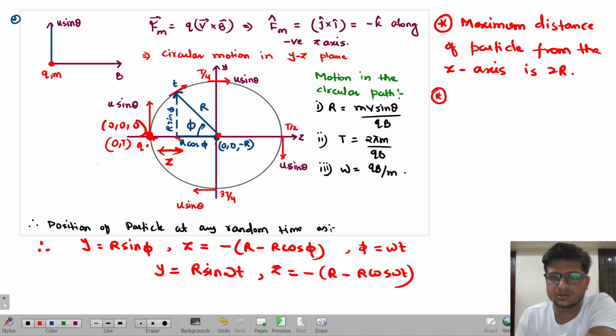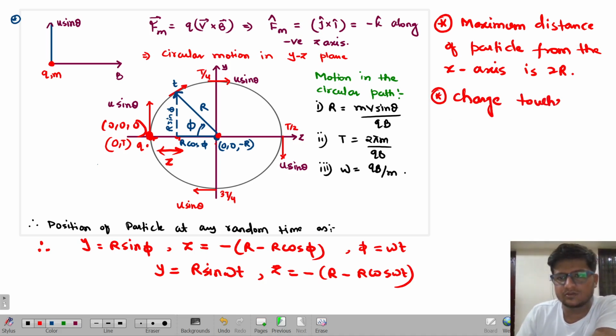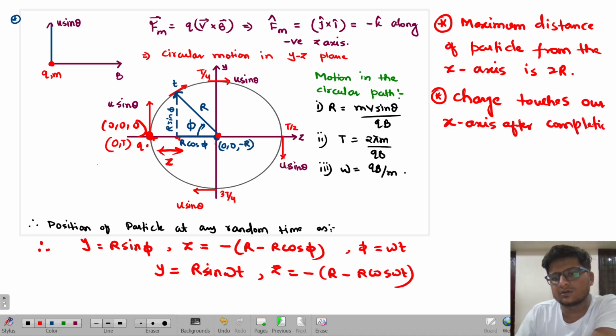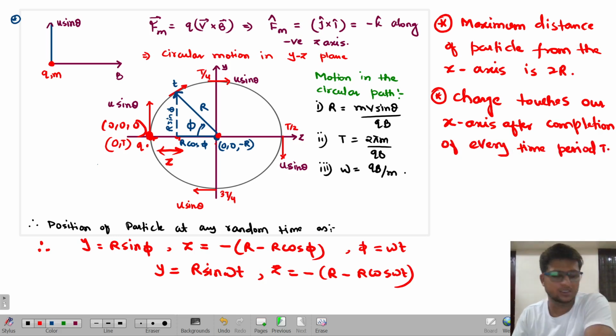And the important quality of the charge is that the charge touches our x axis after completion of every time period T. Is it clear or not?